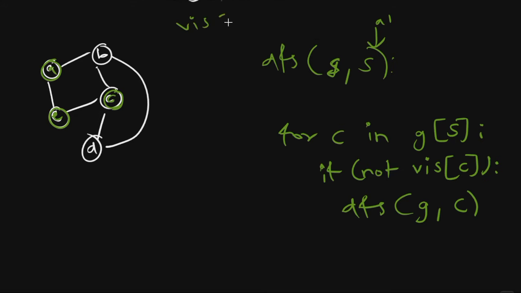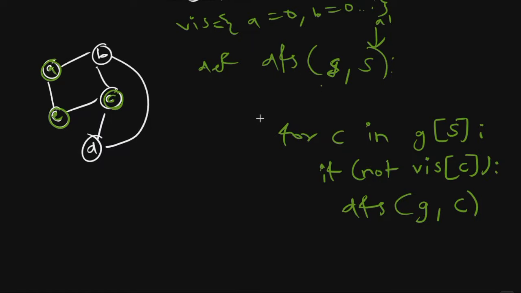So visited would be a dictionary, A equal to 0, B equal to 0, and so on, for each of the nodes. This then would be the function.